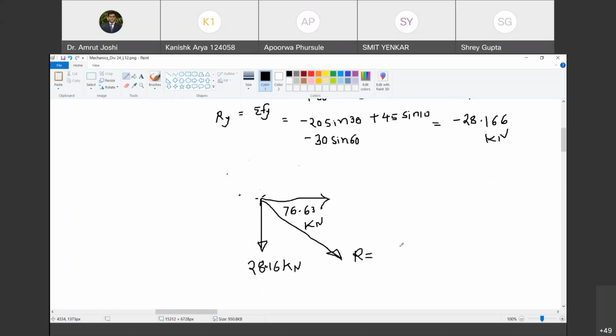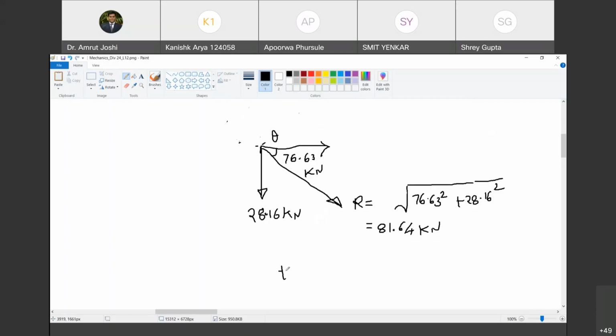So the magnitude of R is going to be equal to the square root of 76.63 squared plus 28.16 squared. Can you tell me the answer? Sir, 81.64. So R is 81.64 kilonewton. And what is the angle that it makes with the x-axis? Tan theta is equal to 28.16 divided by 76.63.